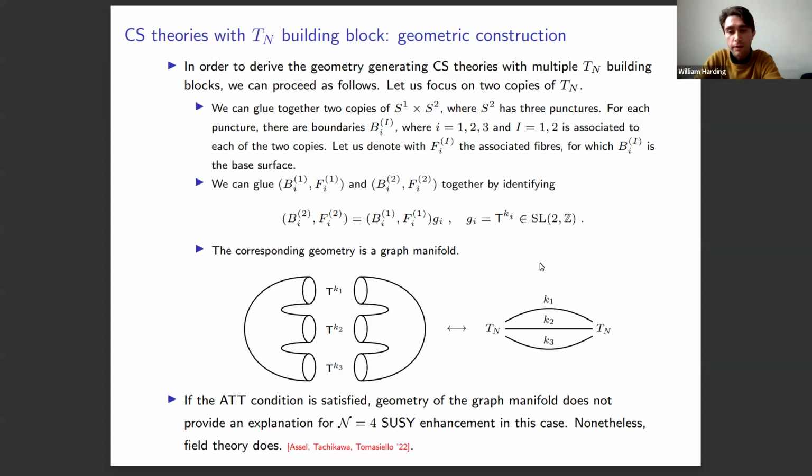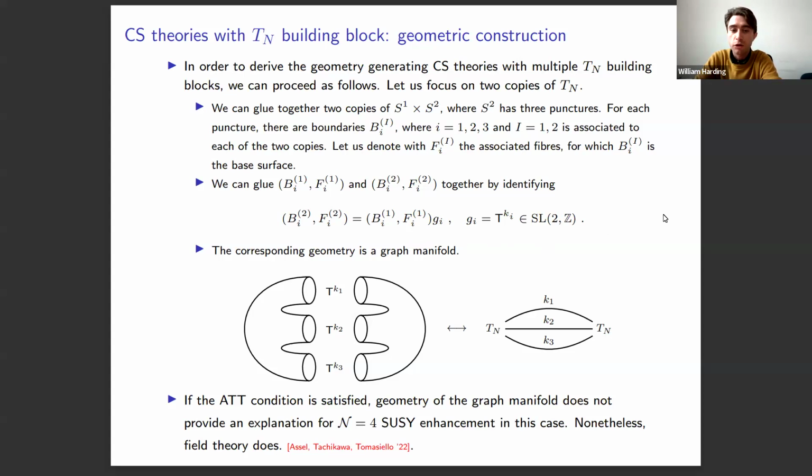We also denote by F with capital I the associated fibers for which the BIs are the base surfaces. And now we can group the B's and the F's of the first copy with the B's and the F's of the second copy together. And we identify them by this GI, which is an element of SL2Z, taken as before to be T to the KI.